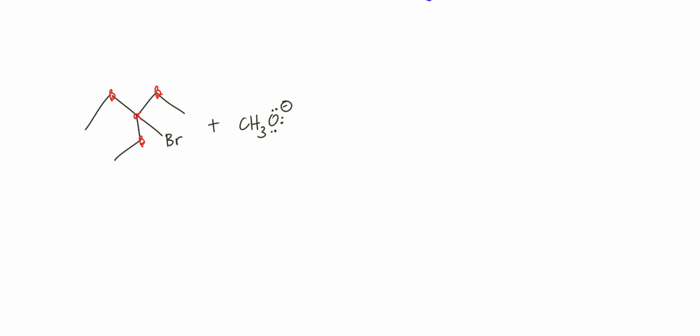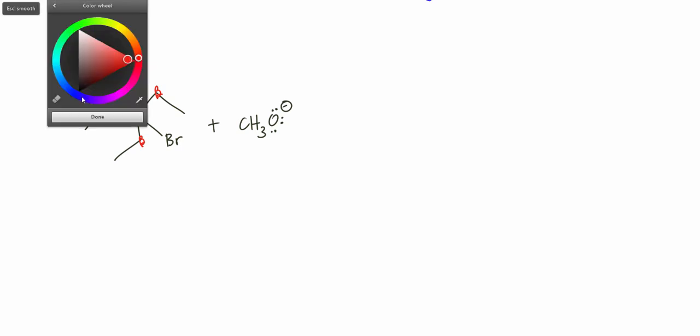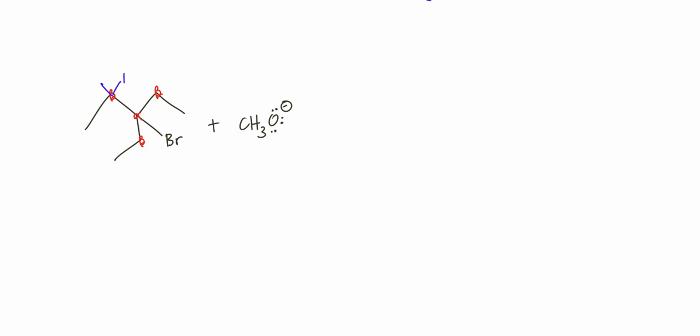So we have 3 beta carbons, and guess what we got? 1, 2, 3, 4, 5, 6. We have 6 beta hydrogens. It's very important for you to understand how to identify an alpha carbon and a beta carbon. So let me draw this out again.